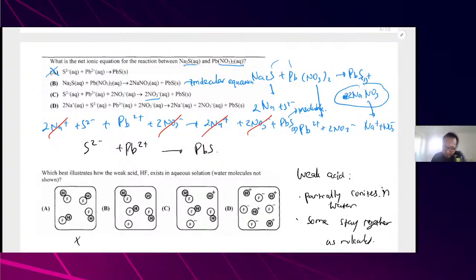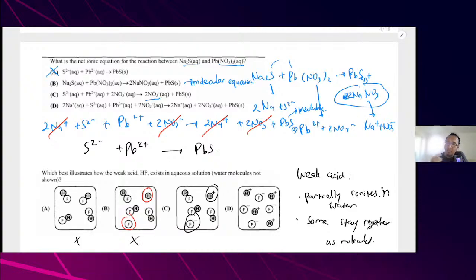Option B seems correct, however, there is no charge over here, which means it is incorrect as well. And then for option C, as you can see, there is a charge for H plus as well as F minus.